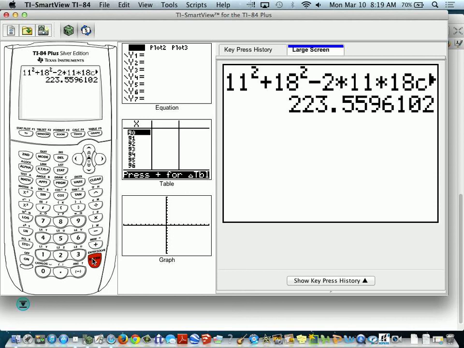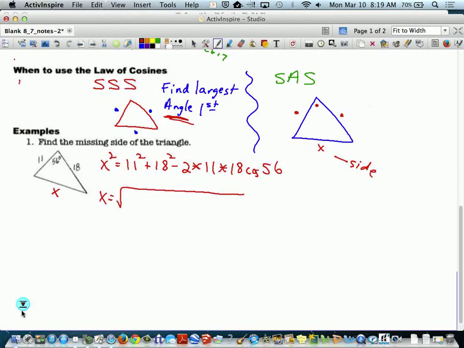Doesn't always make sense. But can 223 be part of that triangle? Does that even make sense? No. Can 56 be the largest angle of this triangle?